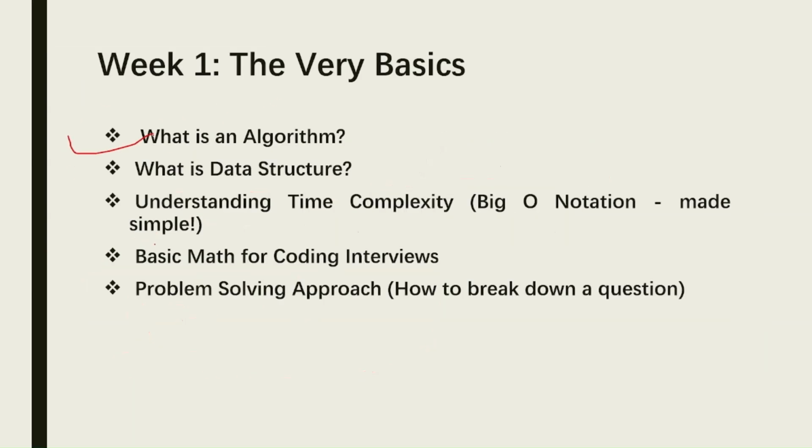In week one, the first topic is what is an algorithm. We will discuss what an algorithm is, a real life example, and in coding terms what an algorithm is. Next is what are data structures, and how many types of data structures there are. Then we will discuss time complexity and space complexity, how we can calculate them and how we can reduce them, so different types of approaches.